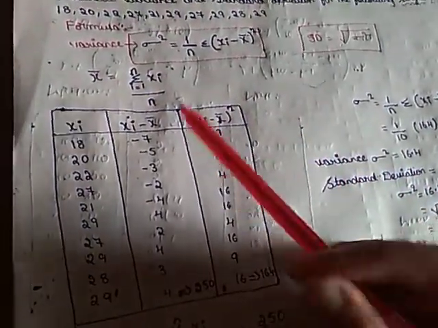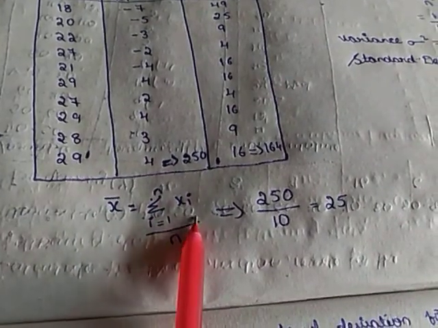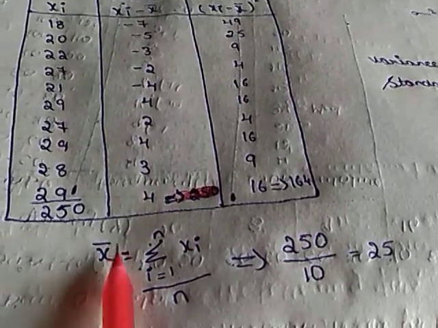Here xi means the given values, and x bar means the mean.